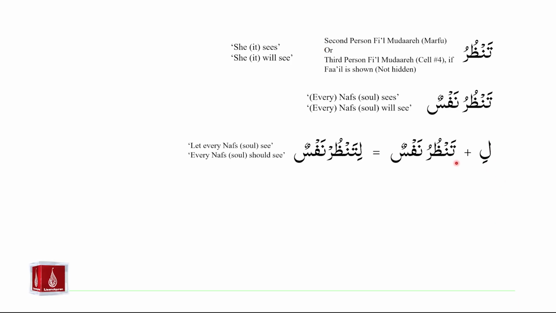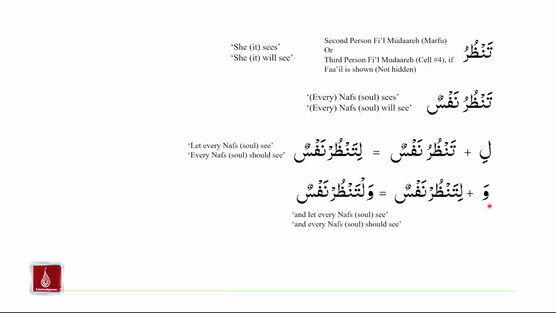Laam amr plus tanzuru nafsun equals litanzur nafsun. Tanzuru is being converted to tanzur. Tanzur is fi'il mudari majzoom, and the addition of laam amr creates the meaning of should. Every nafs should see, or let every nafs see.